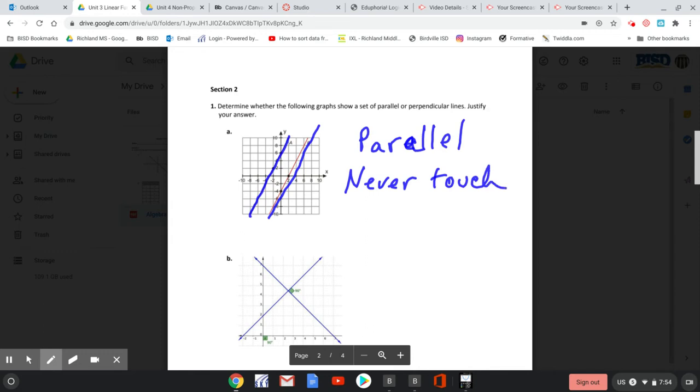For B, we can see these are perpendicular because they do cross, but they can't just cross. They need to cross and form a 90-degree angle. So if it was like this, they cross, but that is not a 90-degree angle.